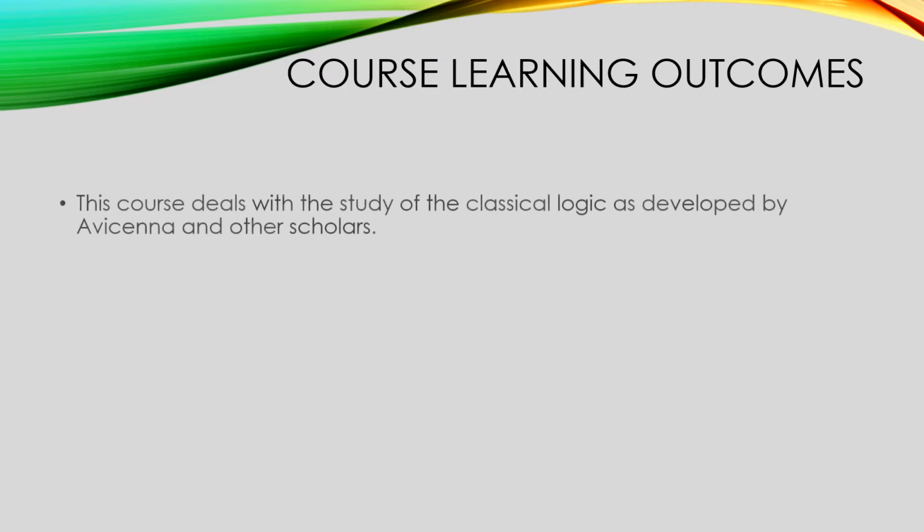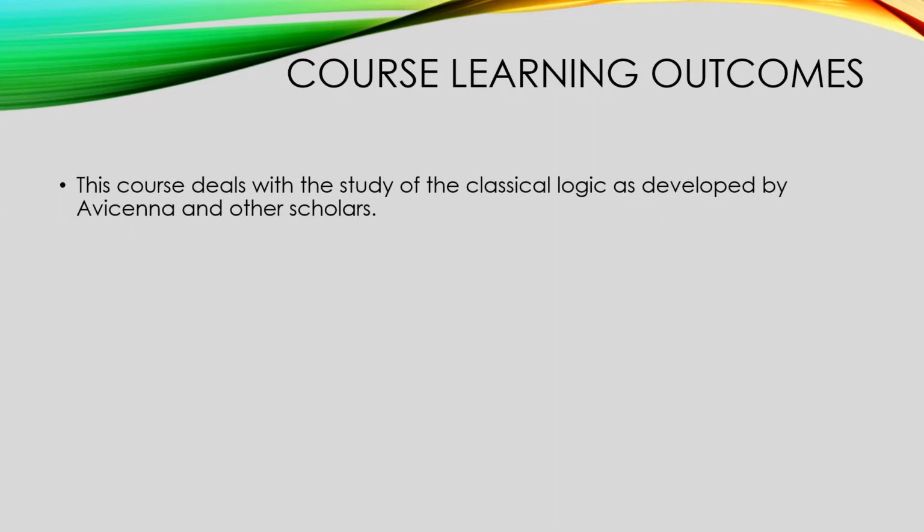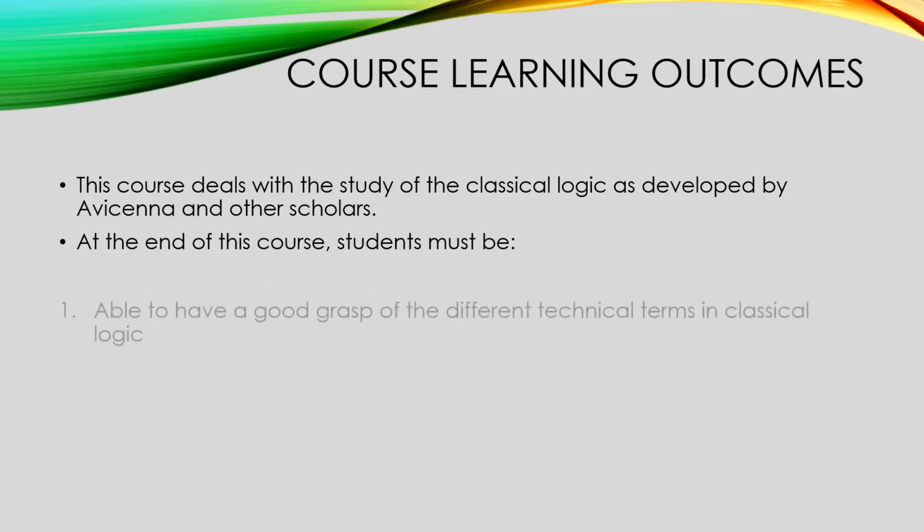So in this course, the students are expected to have the following learning outcomes. This course deals with the study of the classical logic as developed by Ibn Sīnā or Avicenna and other scholars. At the end of this course, students must be: 1.